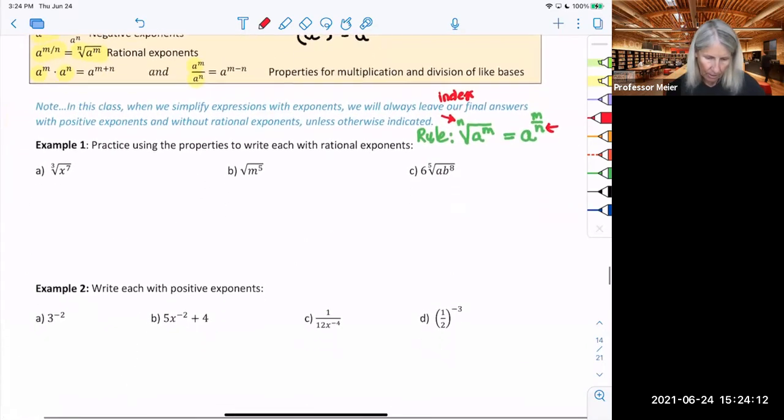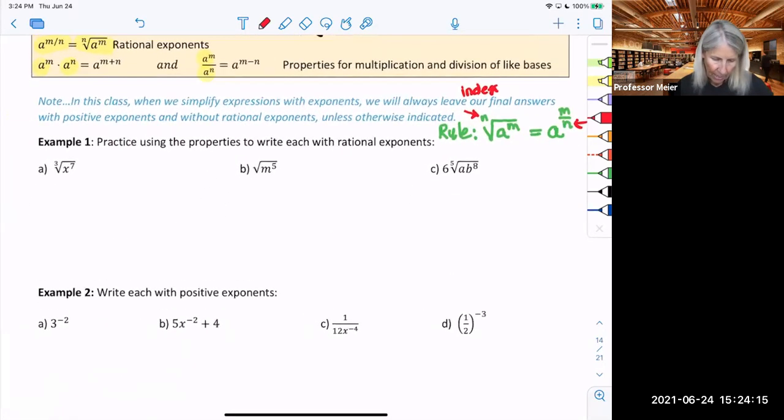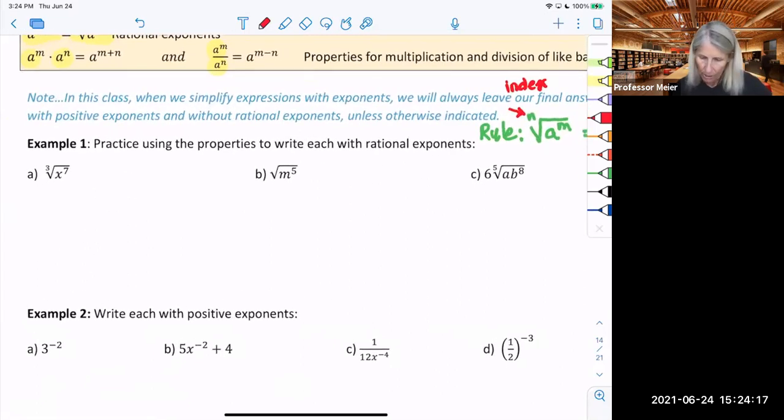All right, so let's jump in. So for part A, we have the cube root of x to the 7th power. So writing it as exponents, this would be x to the power of 7 over 3. So notice the index goes on the bottom. Problem B, there is not an index on that one.